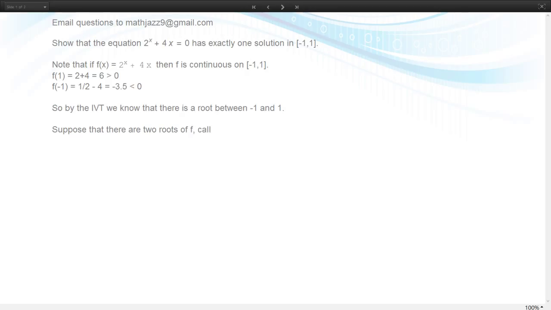Call them a and b. f is a differentiable function, so the mean value theorem applies.